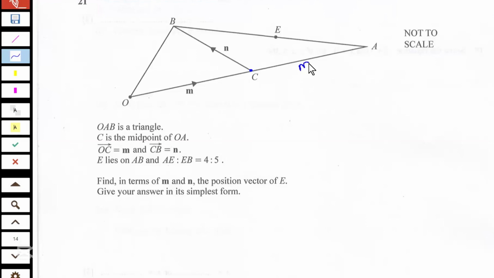So here we have vector CA equal to M as well. Then the question says, find in terms of M and N the position vector of E. Now, this is simply what we're looking for: the position vector of E, starting from O.